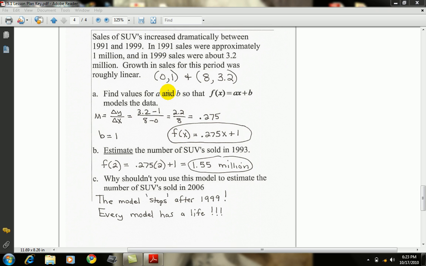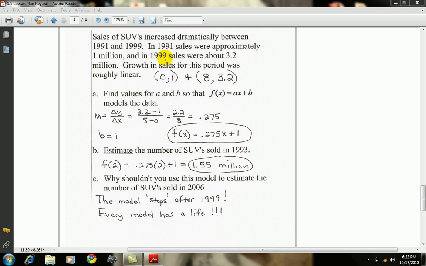Okay? So the first piece of data becomes very easy to write. In 1991, sales were approximately 1 million. Well, in 1991, you were 0 years away from 91. And your sales were approximately 1 million, which we're going to call 1. There is how we got the ordered pair 0, 1.